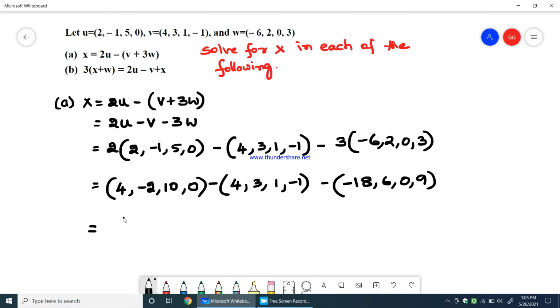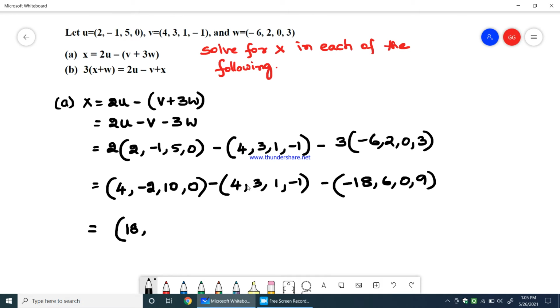So now we can see 4 minus 4 is 0, minus of minus is plus 18. So this is 18 comma minus 2 minus 3.